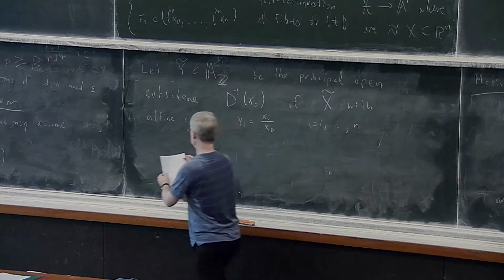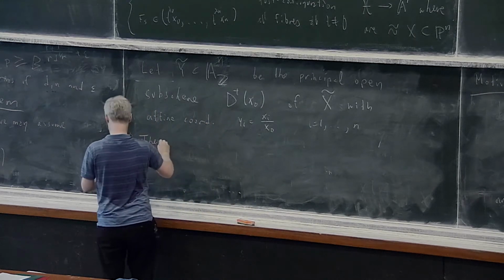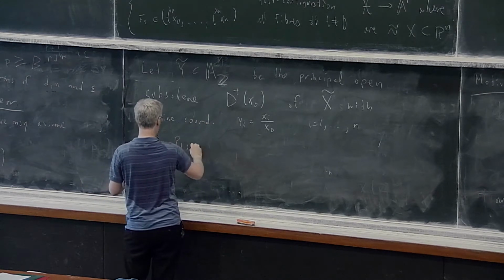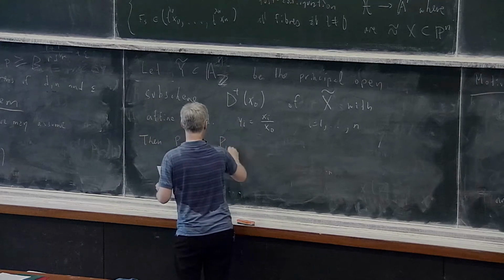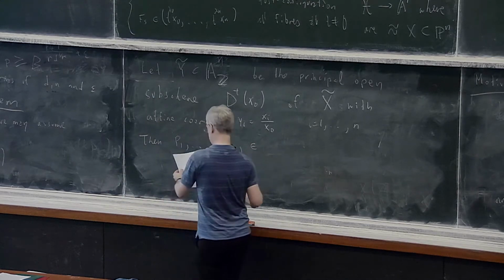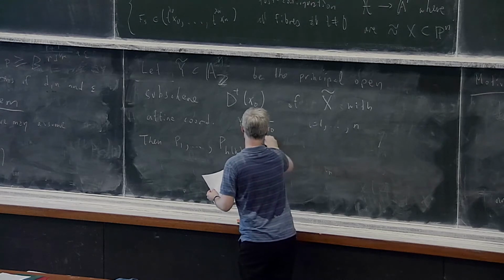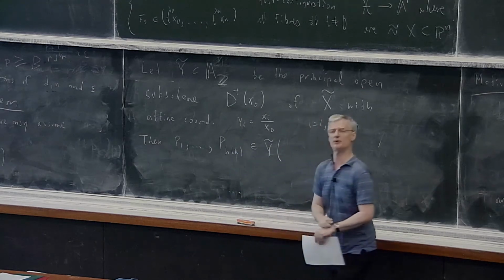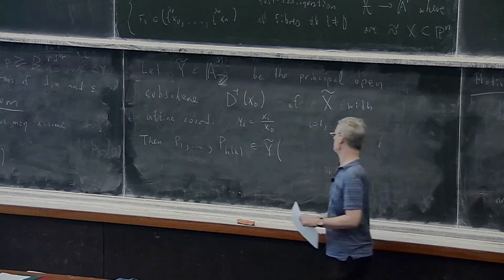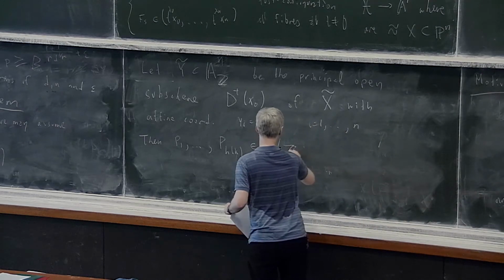So then you can view these points P_1 up to P_h(k) as lying on this principal open subscheme. They will not be Z points anymore because you divide by something, but they will still be Z_p points.